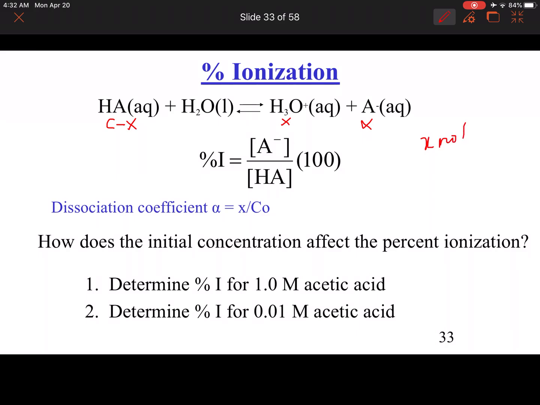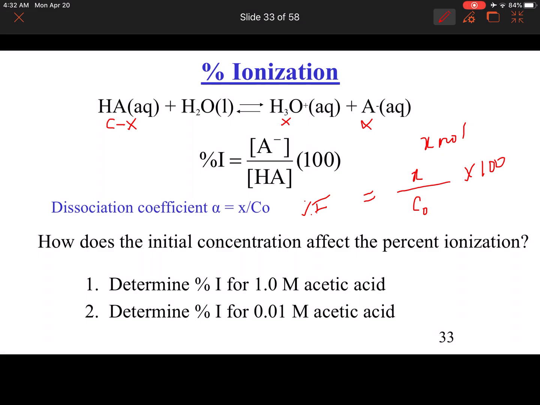That's the amount ionized. Now, if I want it in percent ionized, I would take the X divided by the initial concentration, how much I started off with, times 100. Okay, that's the percent ionization.